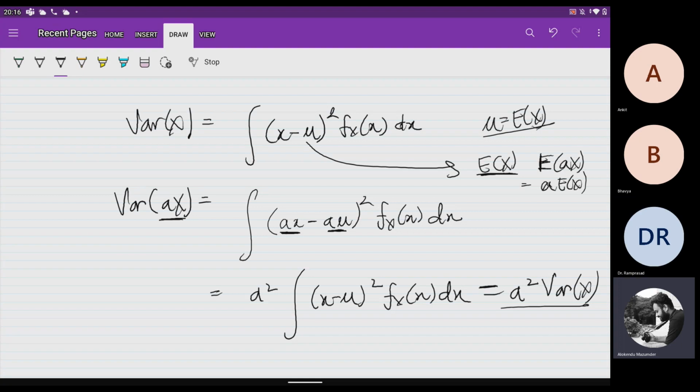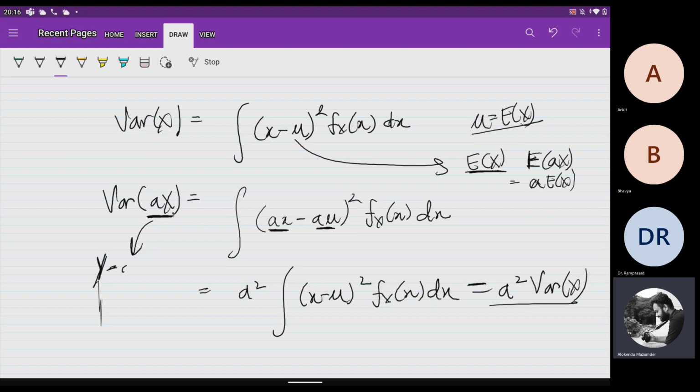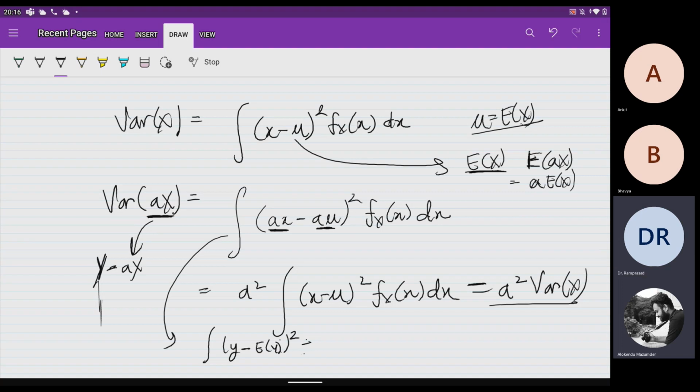Yeah, so ax is a random variable. Let's denote it as random variable y equal to small ax. So this integral will become something like y minus expectation of y whole square.